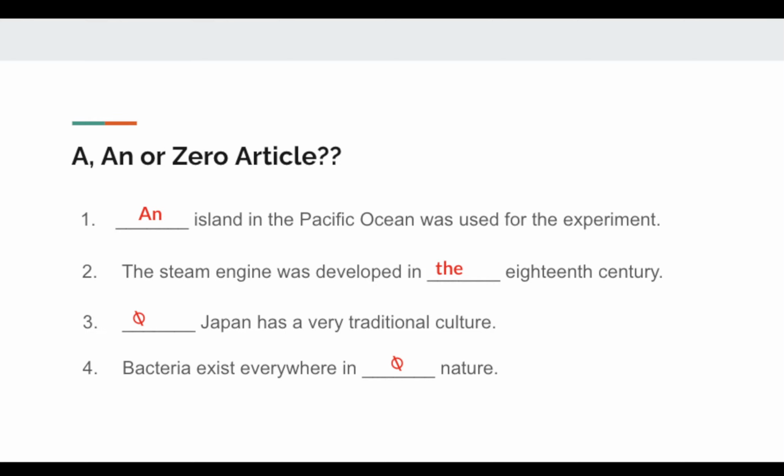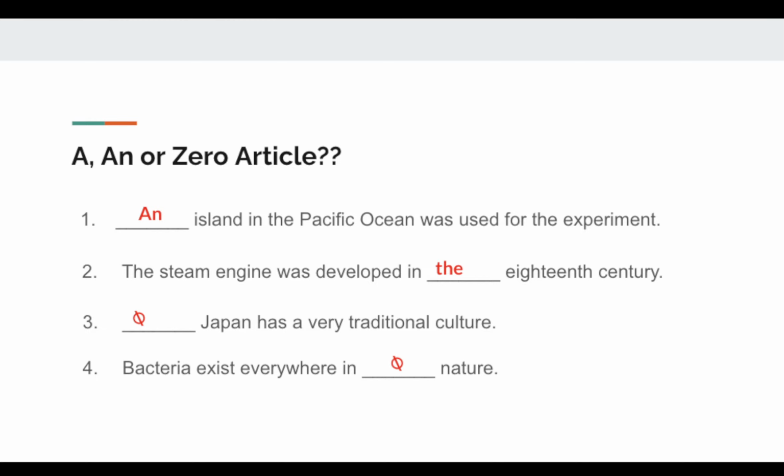So here nature is being referred to in a general sense, okay? That's why bacteria exist everywhere in nature. You can find it anywhere, actually. That would be the idea.